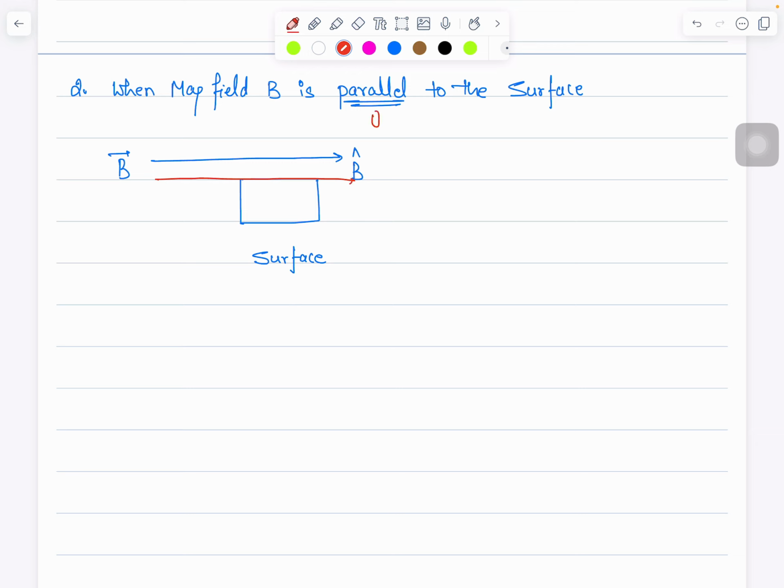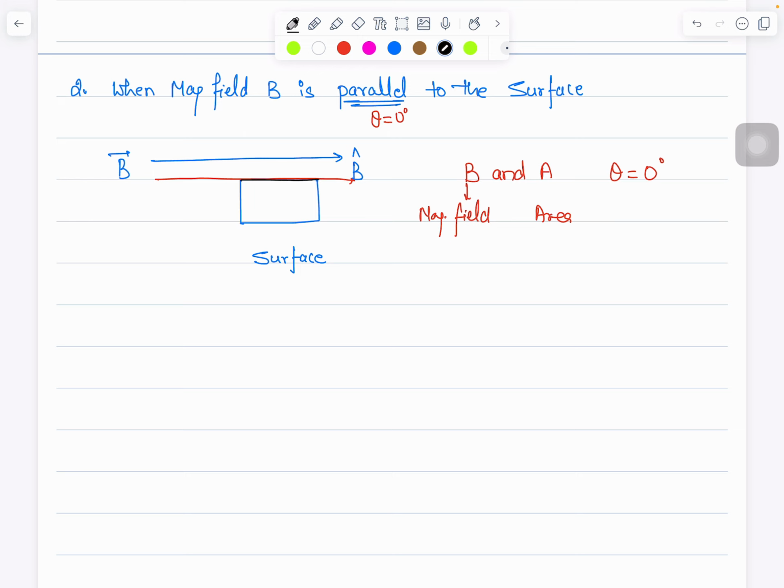Parallel means theta equals 0 degree. So can I say B and A? A means area and B is your magnetic field. So what is the theta here? 0 degree. Fine.